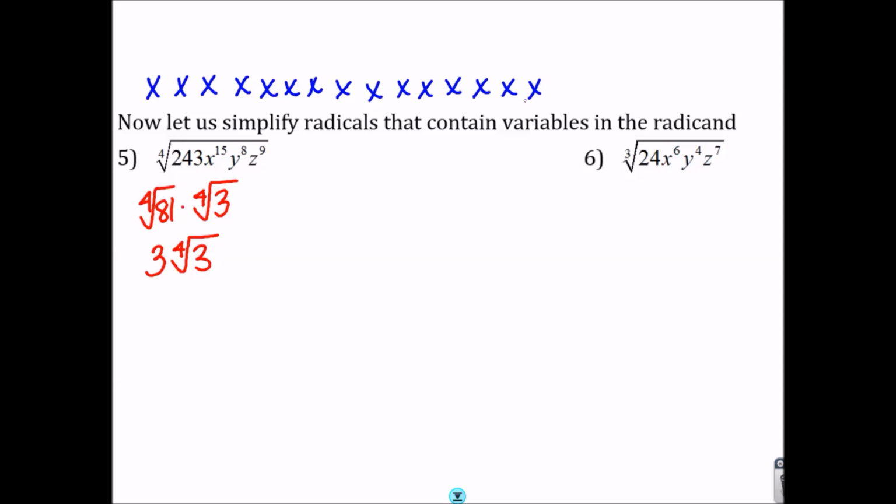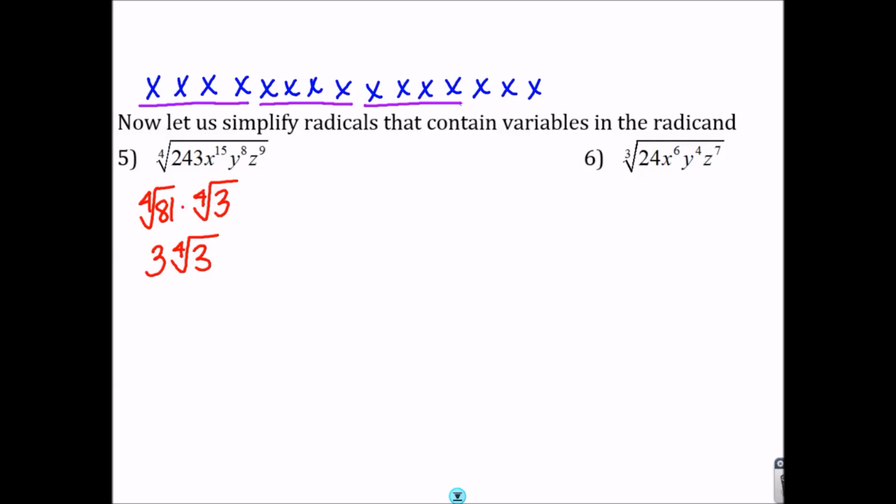So when I'm trying to take the 4th root of it, that means that I'm looking to see how many sets of 4 can I make and how many are left over. So I have a set of 4, a set of 4, a set of 4, and then I have 3 x's left over. So those of you who liked simplifying radicals using the factor trees, it's the same thing even when you have variables. So we're essentially just writing out a factor tree for x to the 15th.